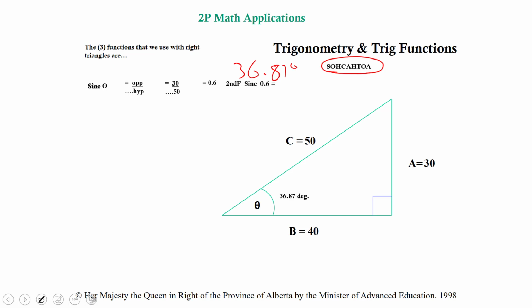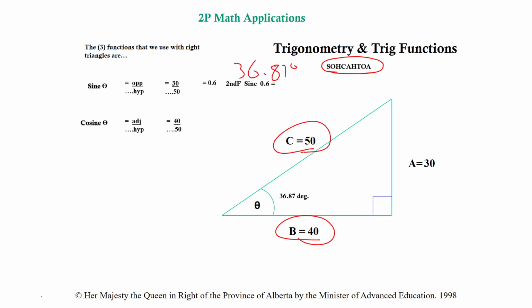Okay, so in this triangle, I've given you all three values of every side. So let's look at what we would use for the cosine of theta. Cosine theta is always equal to the side adjacent to the angle divided by the hypotenuse. The side adjacent in this case is 40, and the hypotenuse still is 50.